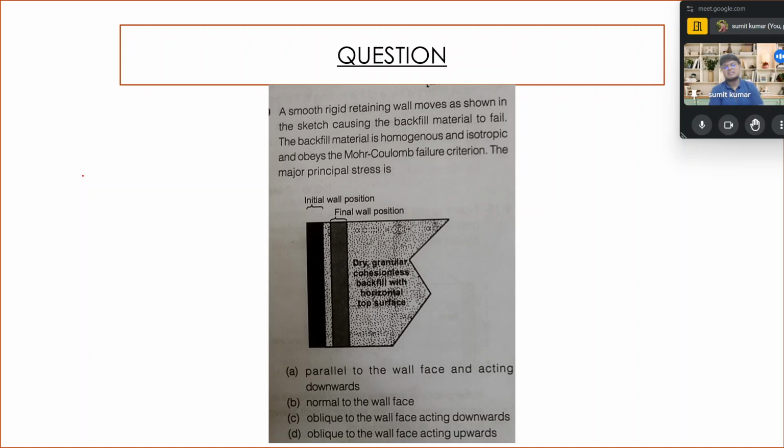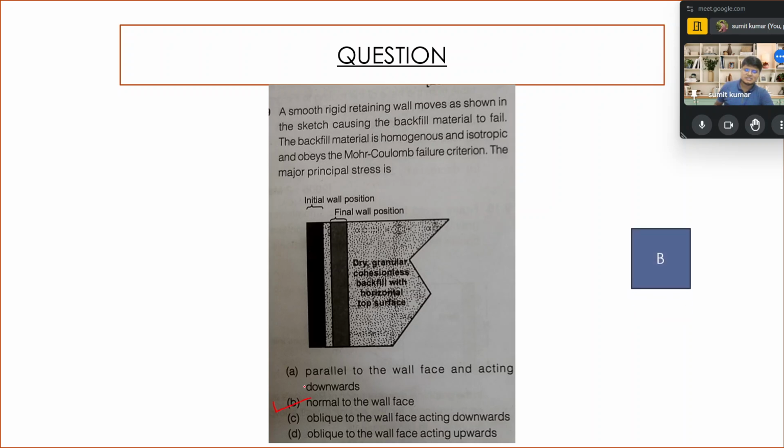It is very clear, and I have discussed this many times: as the wall is moving toward the backfill, the major principal stress is normal to the wall face. So option B is going to be our correct answer.